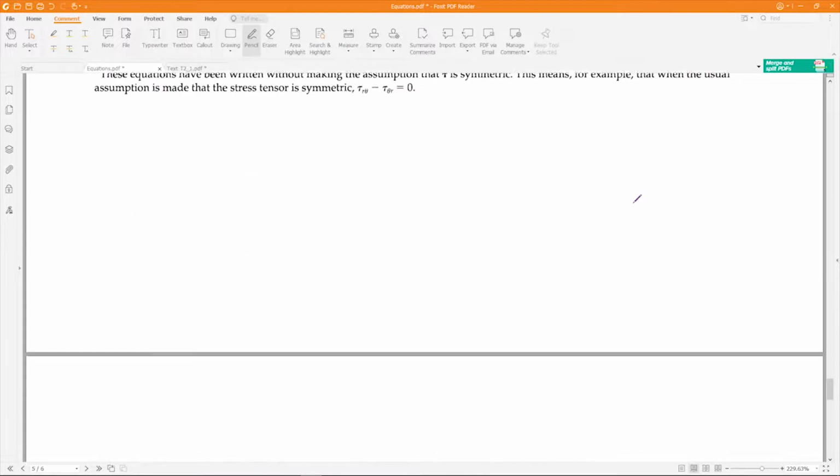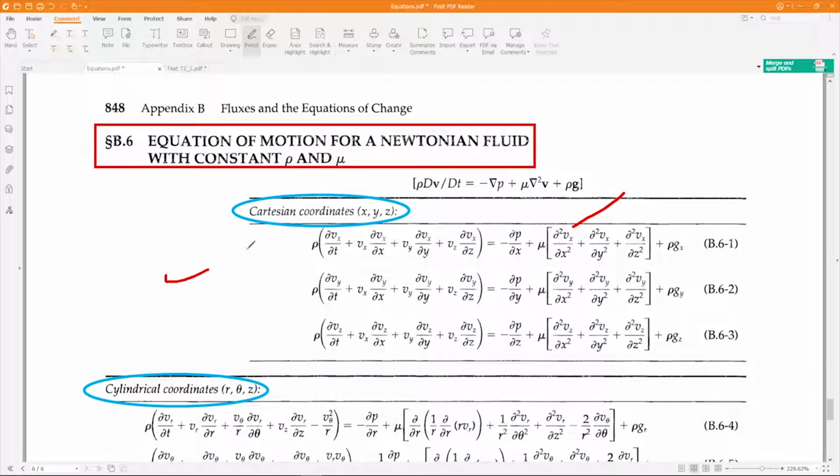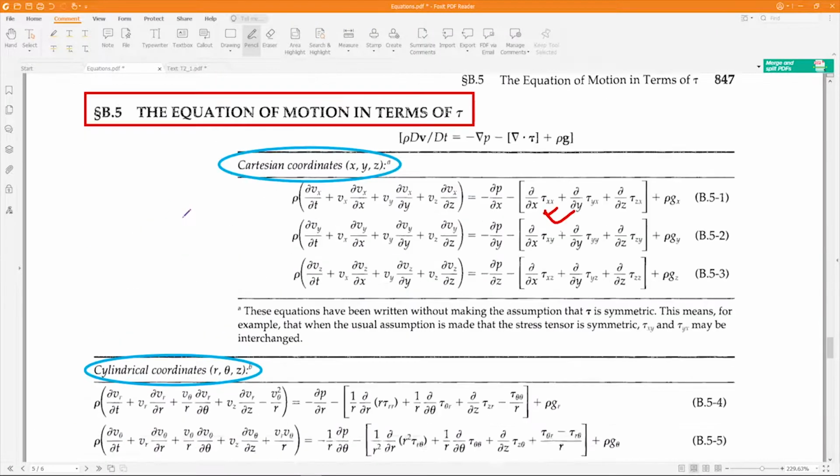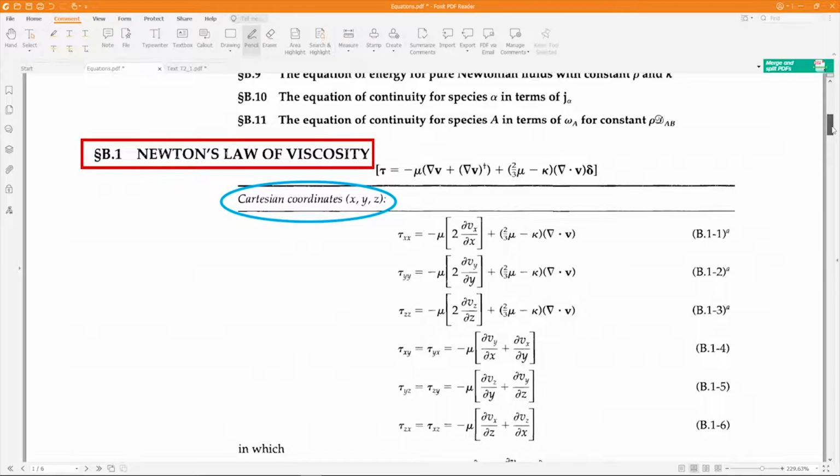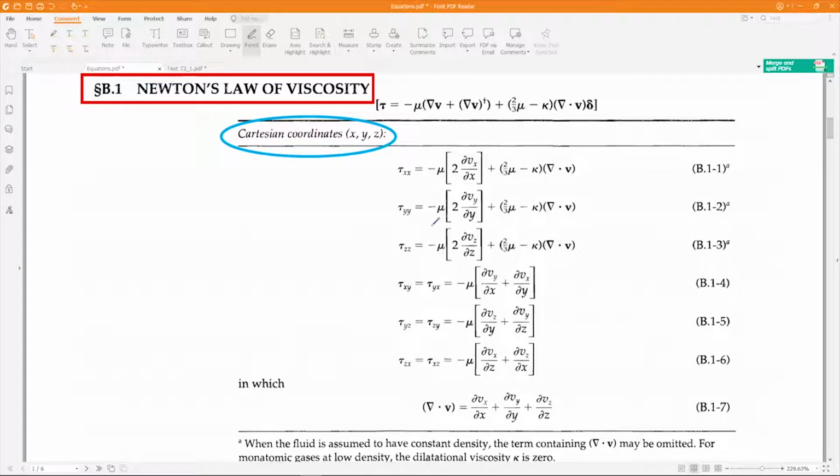Or if you prefer to directly use this equation first, solve for Vx or Vy, whatever, then using Newton's law of viscosity you can again find the tau. So you can have two approaches.